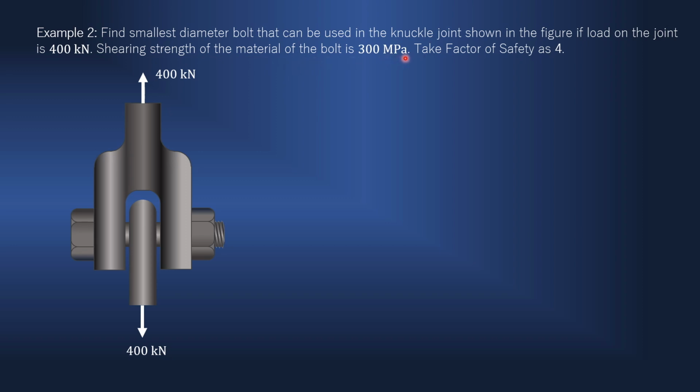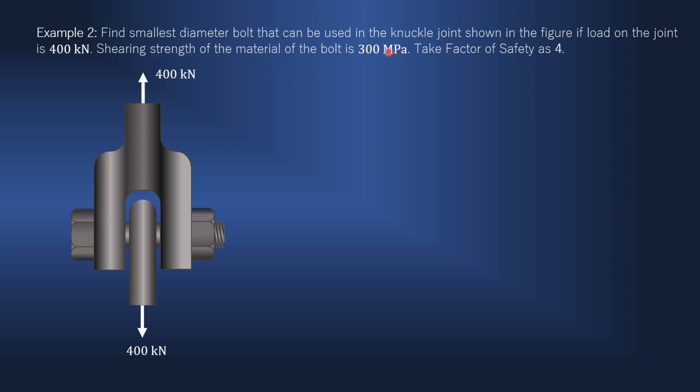And how much is it? 300 megapascal. Shearing strength of the material is 300 megapascal. I have repeatedly told you in this video what shearing strength is. Once again I am telling you, shearing strength is the maximum stress reached before the failure, before the fracture occurs.